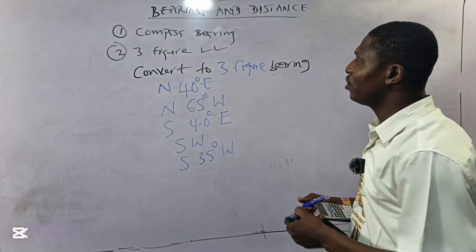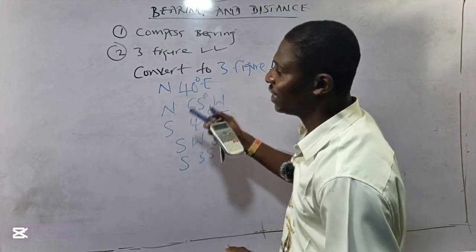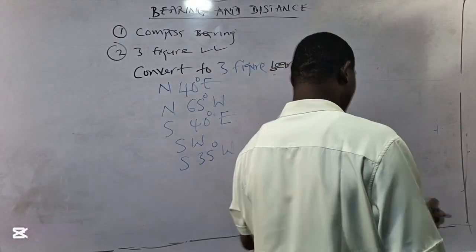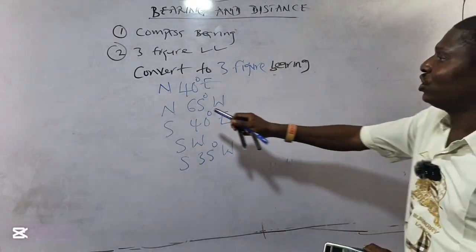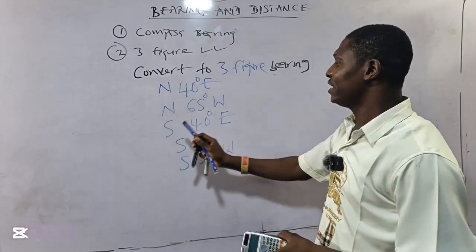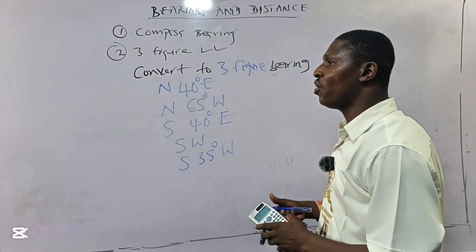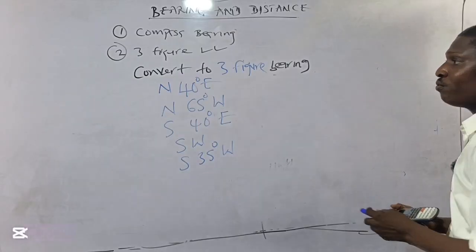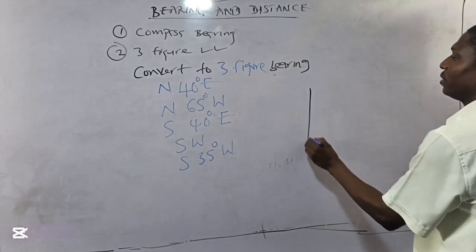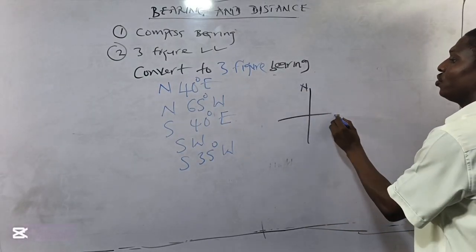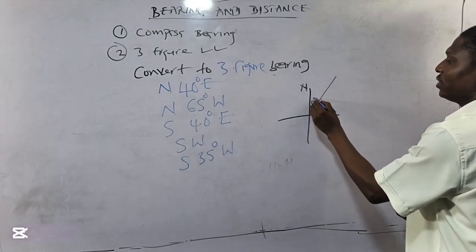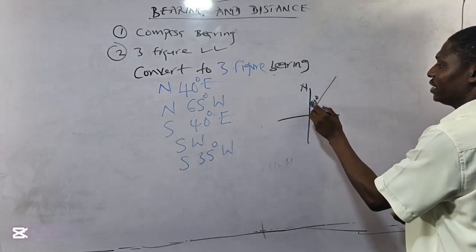And note, for three-figure bearing, none of the angles will be greater than 90 degrees, because each angle between northeast, northwest, southeast, southwest is 90 degrees. So let's start. First, we must draw our diagram. We have north-south here, north 40 degrees. This is 40 degrees, which is 040 degrees.